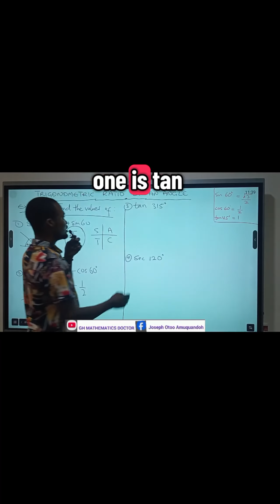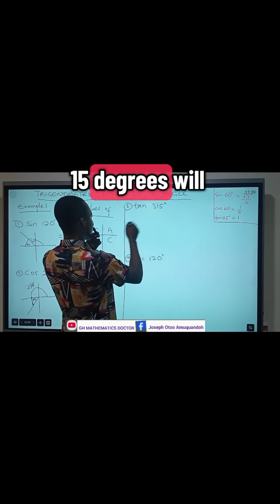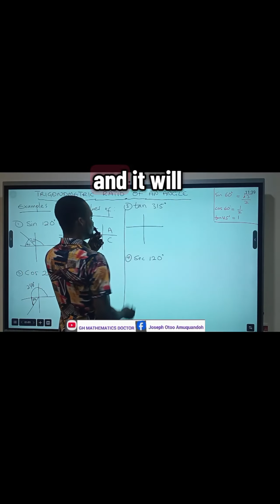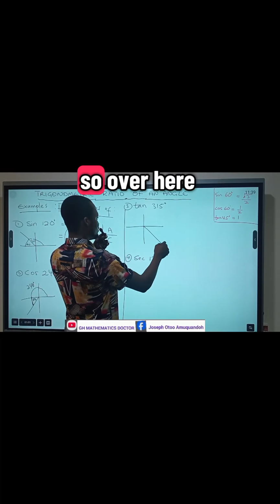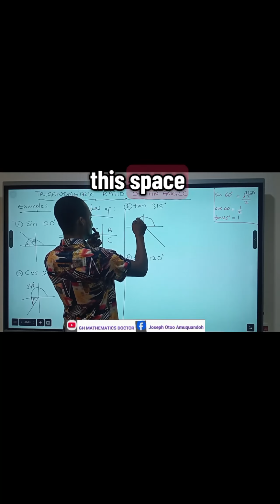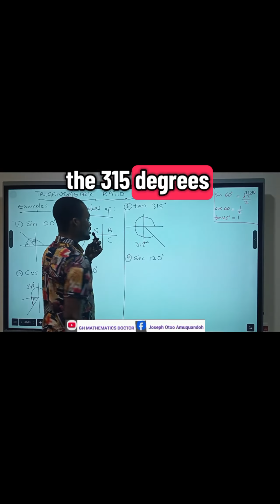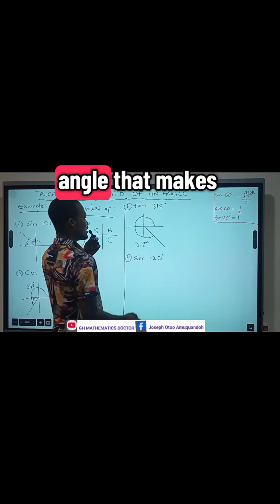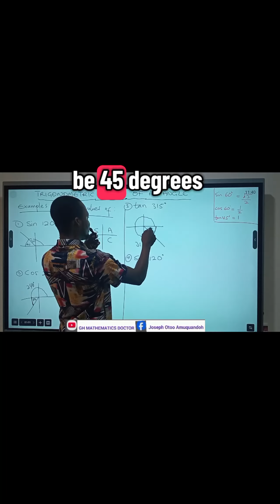Now the next one is tan 315 degrees, and tan 315 degrees we first sketch, and it will be located at the fourth quadrant. So over here we have all this space that gives you the 315 degrees. Now the associate angle that makes up with the x-axis is what we locate here, and that will be 45 degrees.